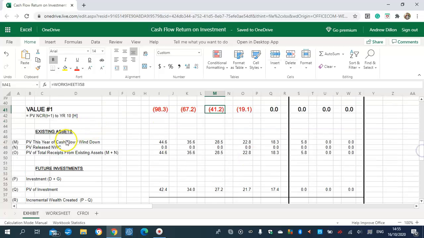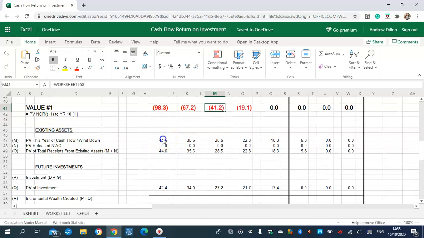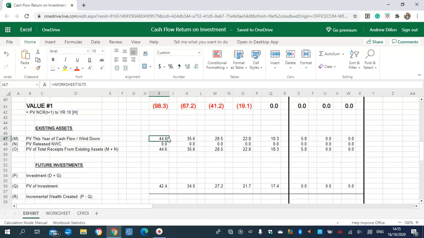Anyway, let's go into these existing assets. Equals worksheet exclamation mark G75, H75 and I75. Worksheet G56 for present value released NWC. This is the present value of total receipts from existing assets, so M plus N.